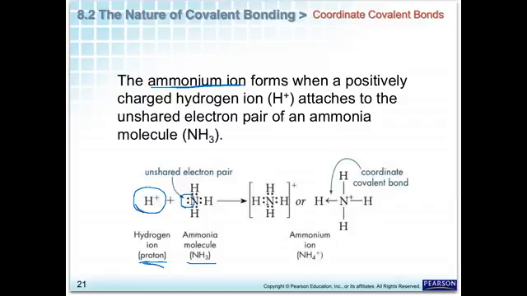When those two bond together, the nitrogen donates its unshared pair to bond with that hydrogen ion, making that a coordinate covalent bond. And then the whole thing, you see here, gets this bracket, and this bracket shows that everything has a charge, and this whole ion is called the ammonium ion, NH4, with a positive charge.